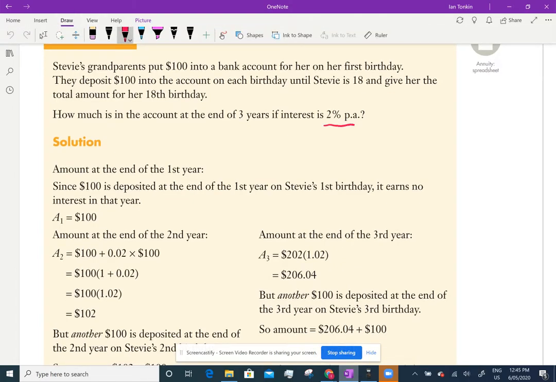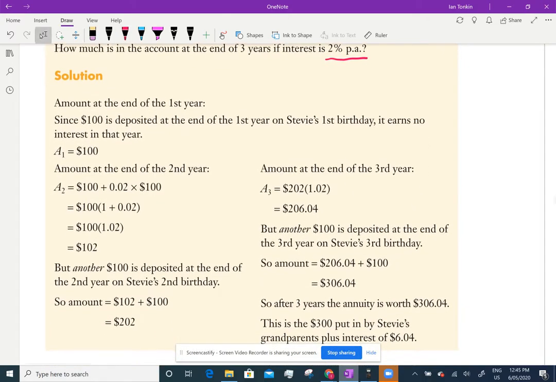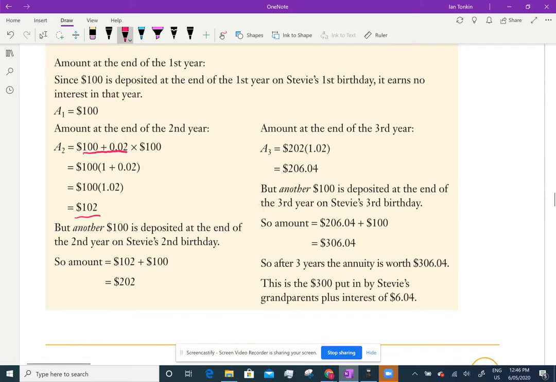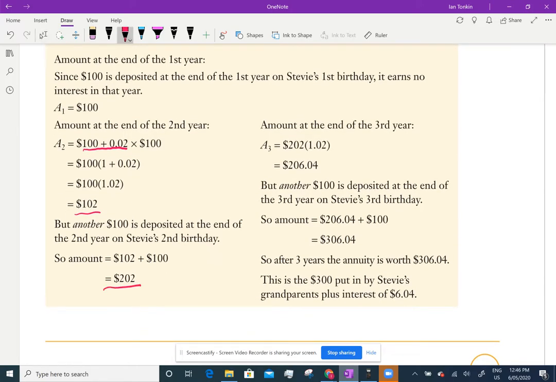And you can see here, there's an interest rate. So at the end of the second year, that $100 has earned 2%. Yeah? So they get $102. But they put another $100 in. So there's $202.